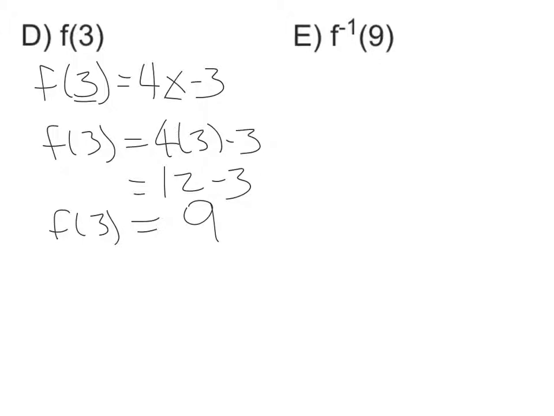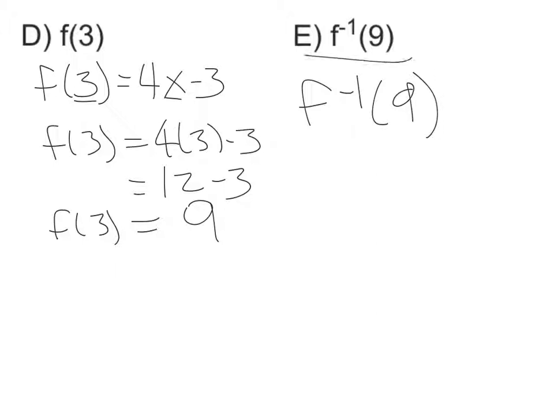With example E, this is a special case. This example, we actually don't need to do any work because we have to find the inverse of the equation at 9. And in example D, we see that f at 3 equals 9. And if you inverse f at 3, you get that.